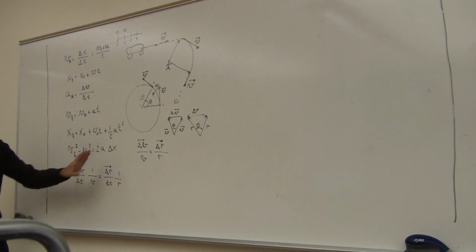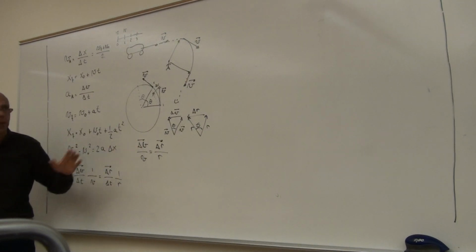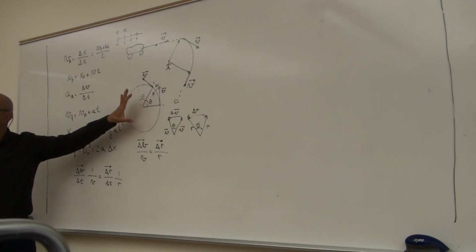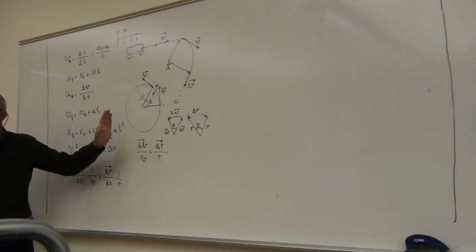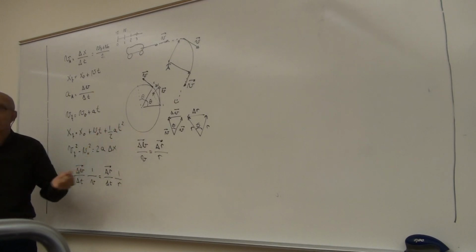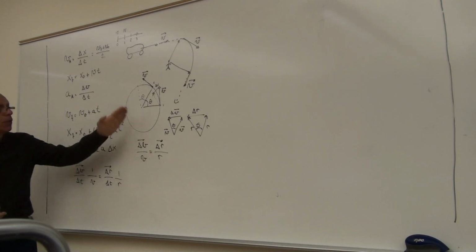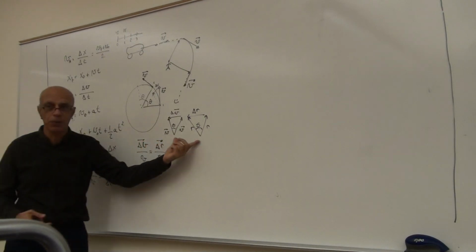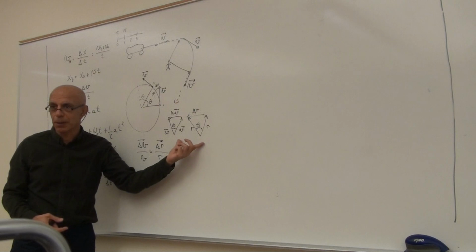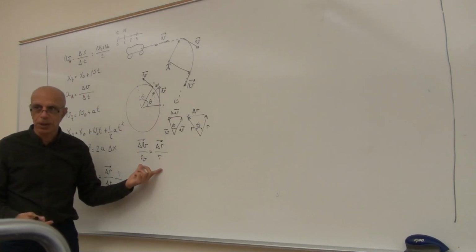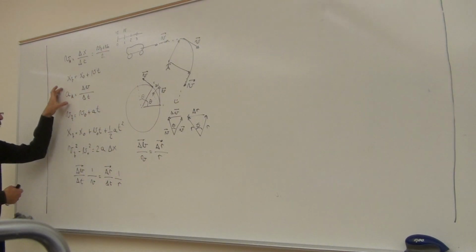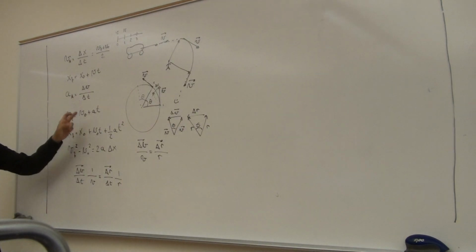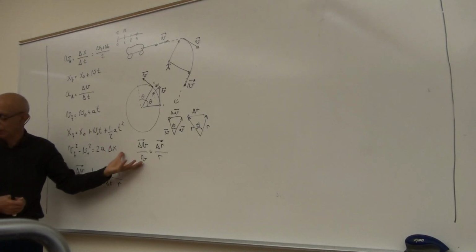Remember, our study today is about describing circular motion. So I'm trying to come up with some equations that are going to describe that, and here I have this relationship based on the geometry. But I want to come back to my definition of acceleration, which is delta V over delta T. So how can I get the acceleration from here?